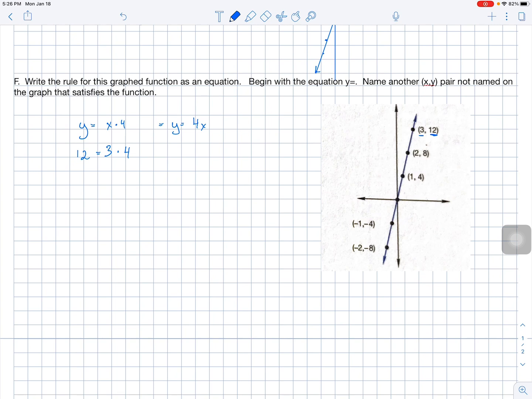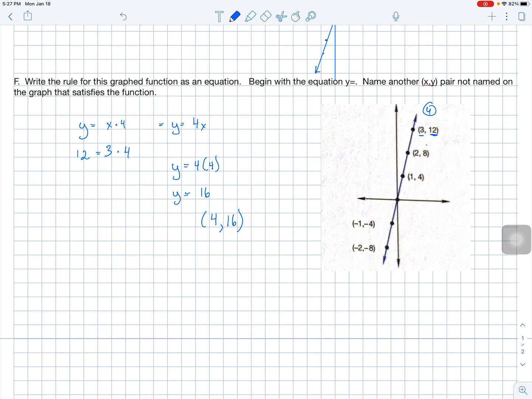Then name another pair not named on this graph. So let's make x, see, we don't have 4 down here as x. We have 1, 2, 3, but we don't have 4. So if we go y equals 4, now we'll make x 4. That means that y equals 16. So if we're going to list that pair, we're going to have to put the x number first, which is 4, and then the y coordinate, which is 16.